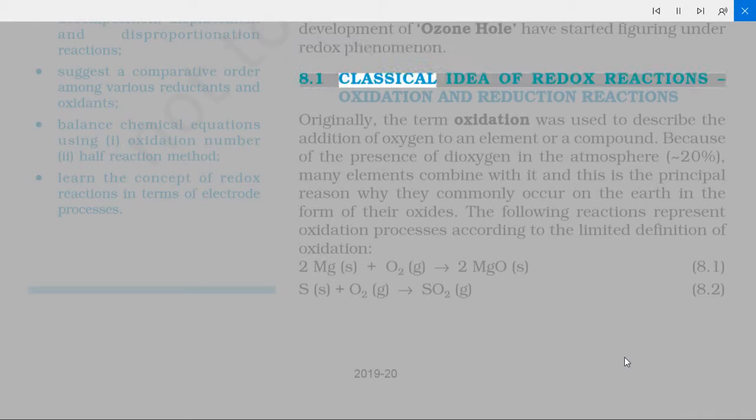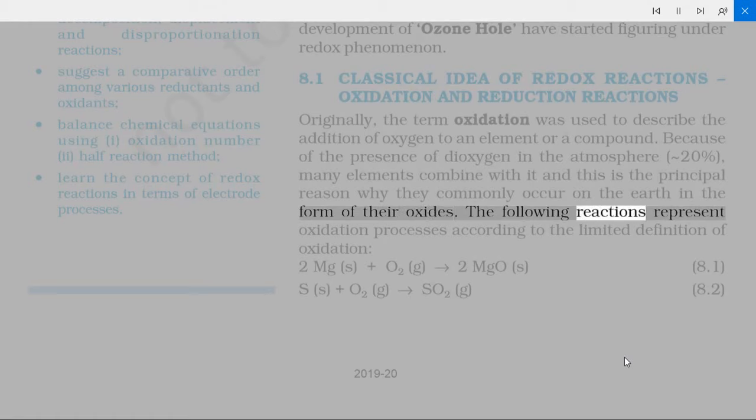8.1 Classical idea of redox reactions. Oxidation and reduction reactions. Originally, the term oxidation was used to describe the addition of oxygen to an element or a compound. Because of the presence of dioxygen in the atmosphere, 20%, many elements combine with it, and this is the principal reason why they commonly occur on the Earth in the form of their oxides.